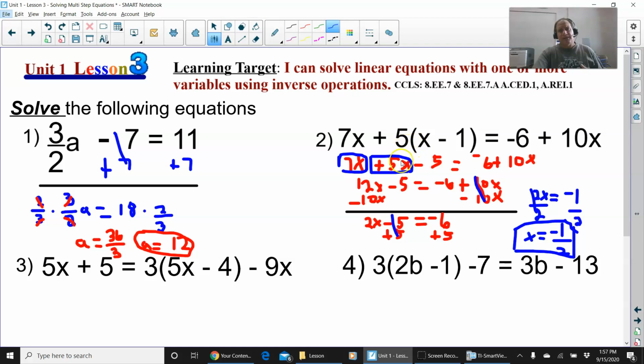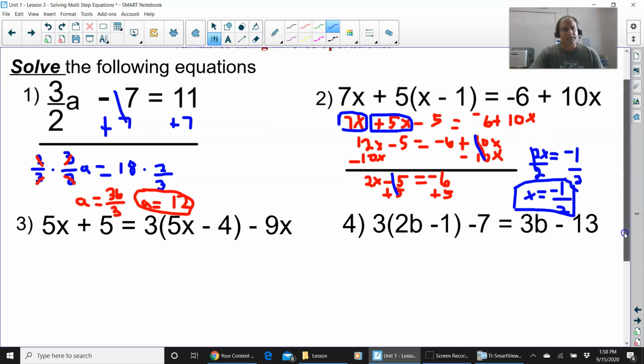You have 5 times x is 5x, 5 times -1 is -5. Combine like terms, which is 12x minus 5 equals -6 plus 10x. Now I got the 10x over to the 12x by subtracting using inverse operations. You have 12x minus 10x is 2x. You bring down the -5. You bring down the equal sign. You bring down the -6. You add 5 on both sides, and you get 2x equals -1. You divide by 2 on both sides, you get x equals -1/2, which is your answer for number 2.